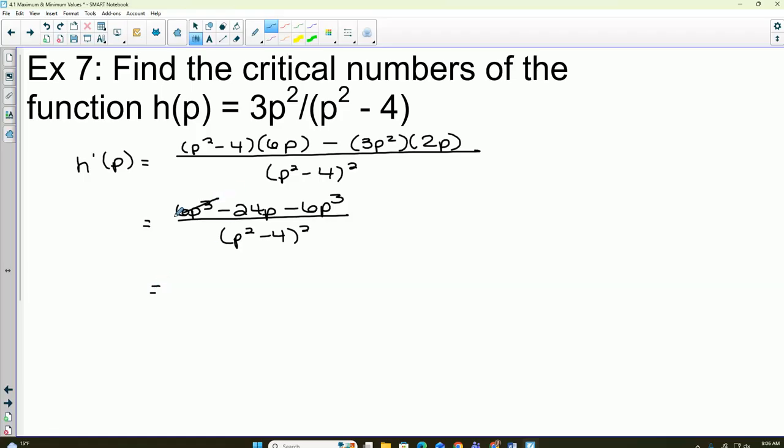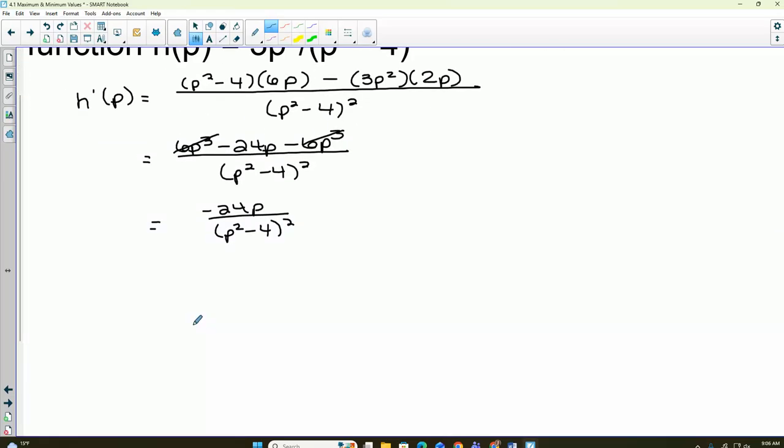Alright, my 6p cubes drop, so negative 24p over p squared minus 4 squared. So to find our critical points, we have to set our derivative equal to 0. If you multiply over, the denominator just disappears.